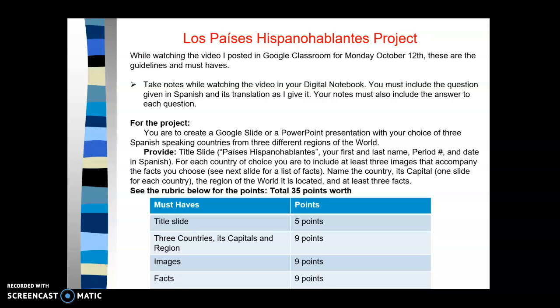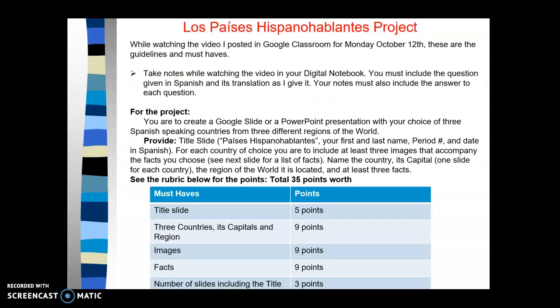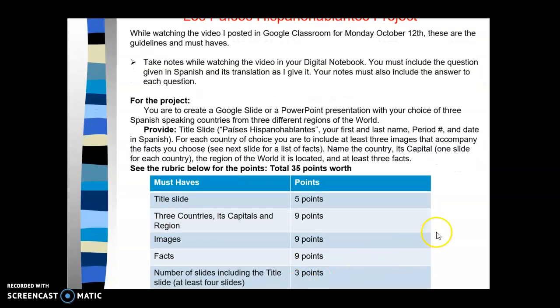You are to include images, as I mentioned, and let's look at the rubric that I am providing. Must have: title slide is worth 5 points, as I mentioned above. You are to have 3 countries, its capitals, and regions. It's worth 9 points.